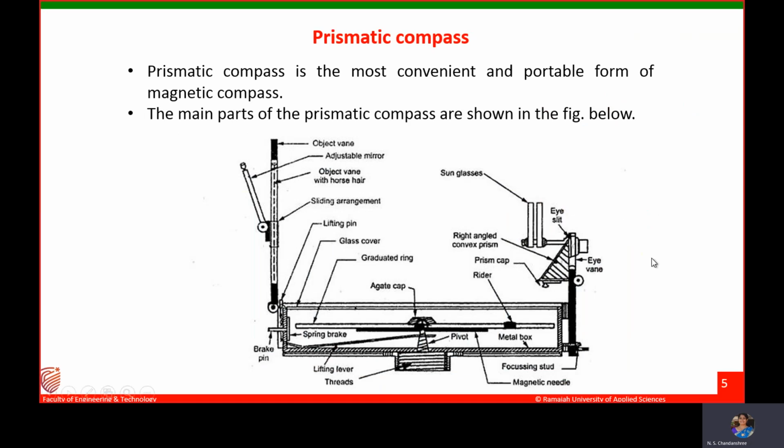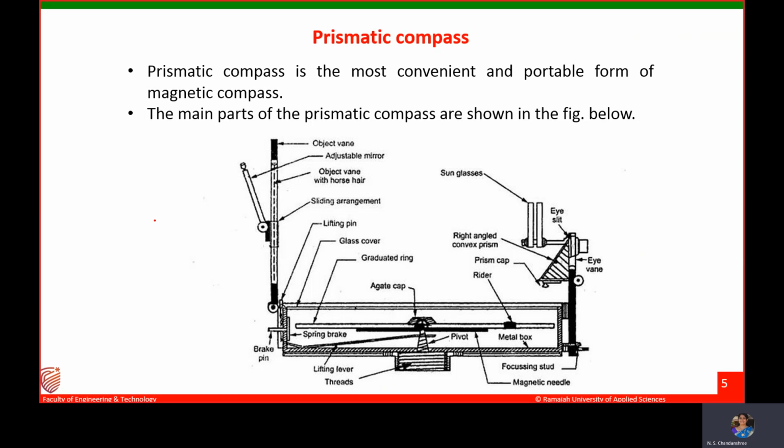Next, we will understand the working of a prismatic compass. This is the typical cross section of a prismatic compass. The name prismatic compass itself comes from the usage of a prism here to take the readings. It has an eye vane and an object vane. The eye vane helps us to see when we have to sight an object.